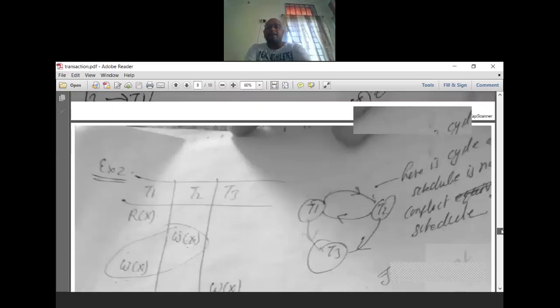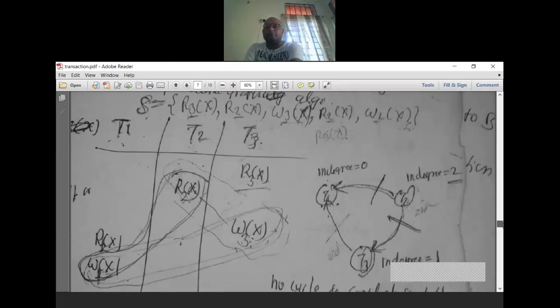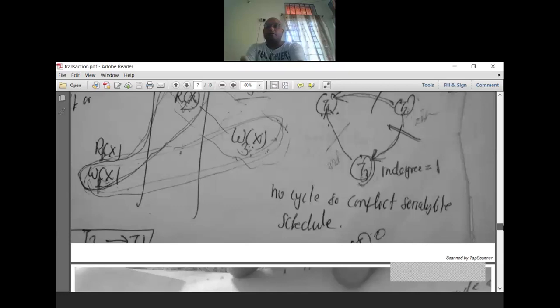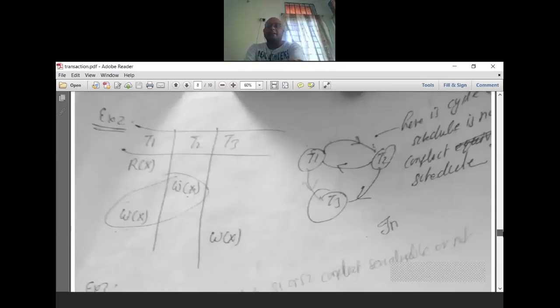If there is no cycle, then only I will find the out degree and the equivalent conflict serializable schedule. But if there is already a cycle in this figure, then directly I can say there is no conflict serializable schedule of this schedule.